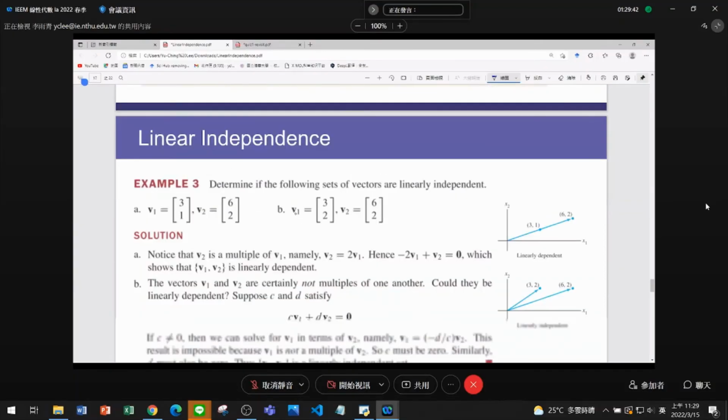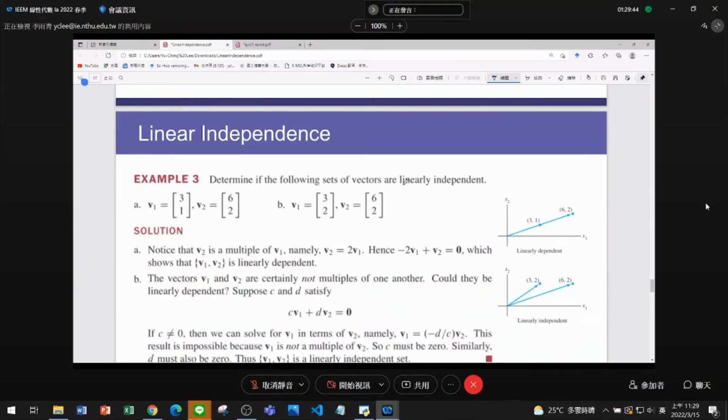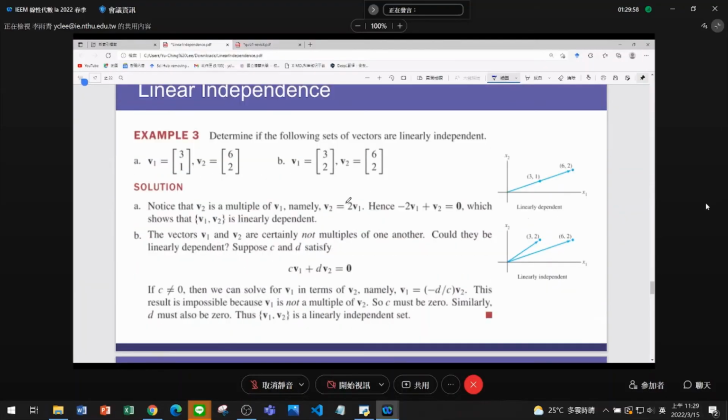Okay, so now let's see an example. Determine if the following sets of vectors are linearly independent. In sub-question A and sub-question B, we both have 2 vectors. So in the first problem, notice that V2 is a multiple of V1, 它是 V1 的倍数关系2倍。And hence, V1 and V2 are linearly dependent.